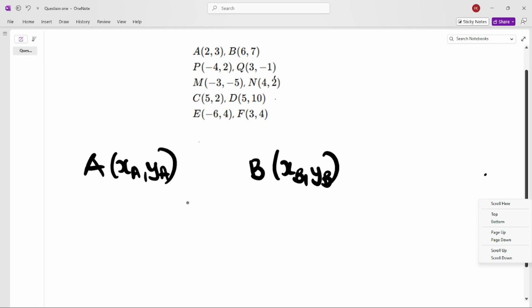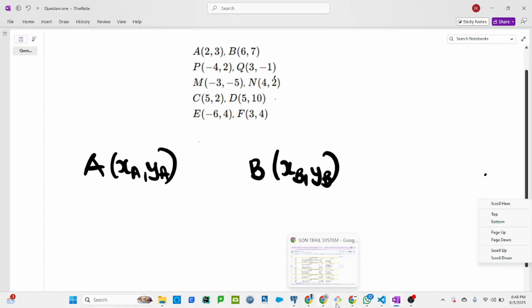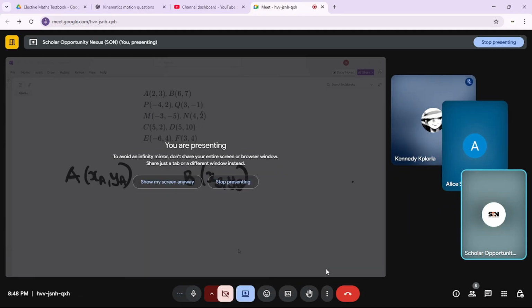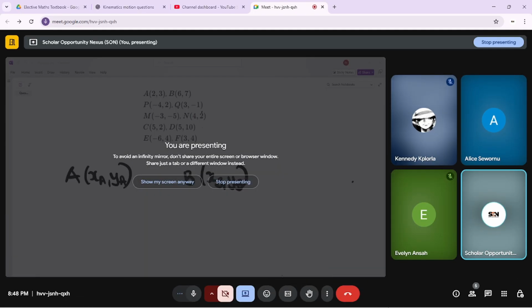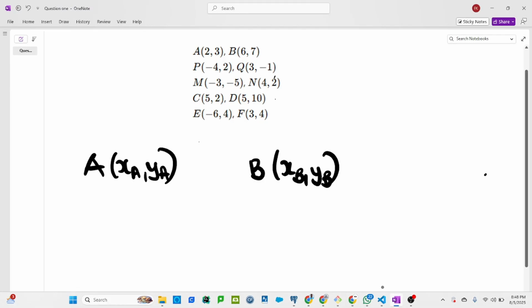When we are done using the symbols, we can go back and use the actual values to find it. So you need to be very critical, very observant on how to find the gradient of the line. Let me call the gradient g.